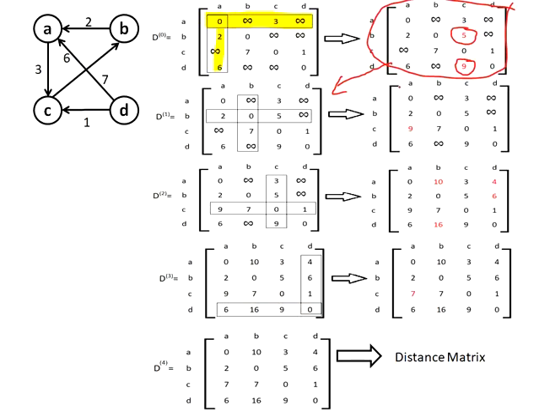The next input would be D1, distance matrix 1. In distance matrix 1, I select the second row and the second column, and again mark out the valid values. 2 is valid here, 5 is valid here, 7 is valid here. So I got 3 valid values, and I have to draw the imaginary lines.